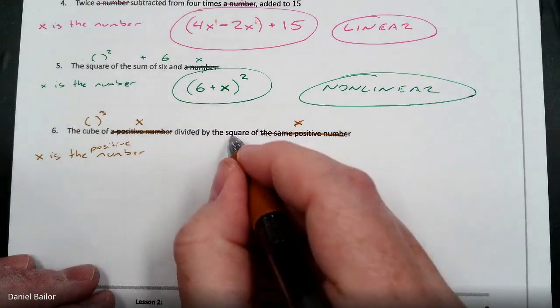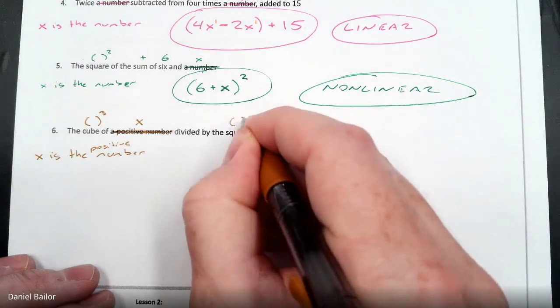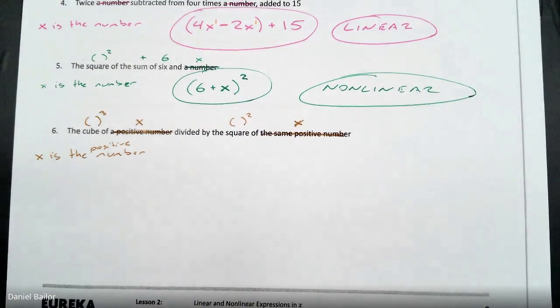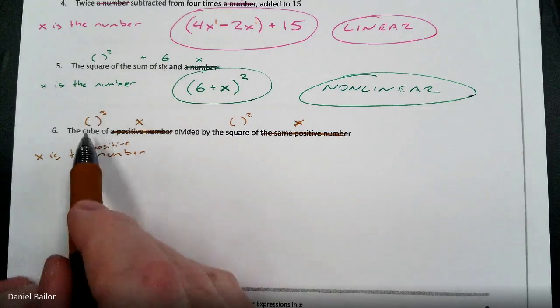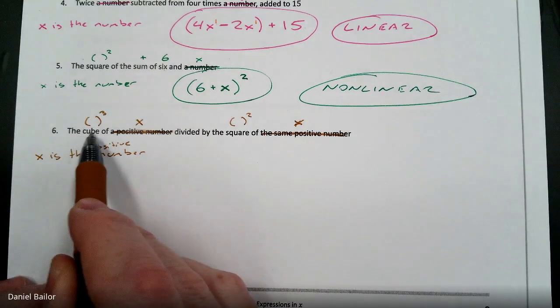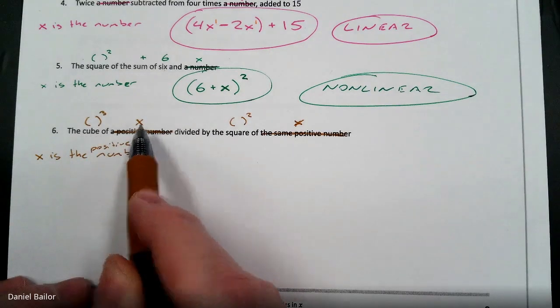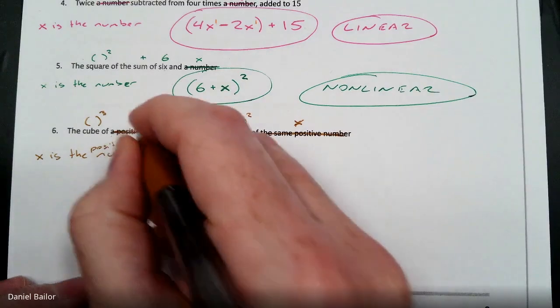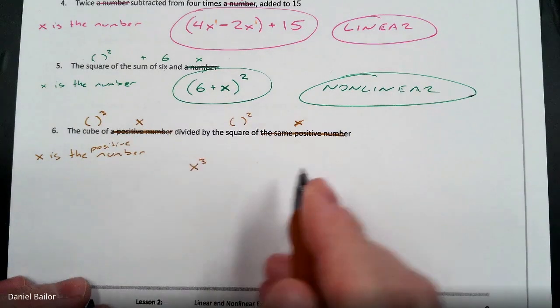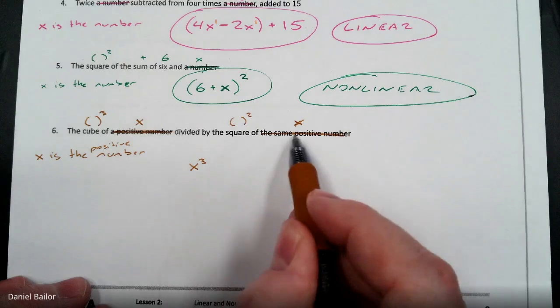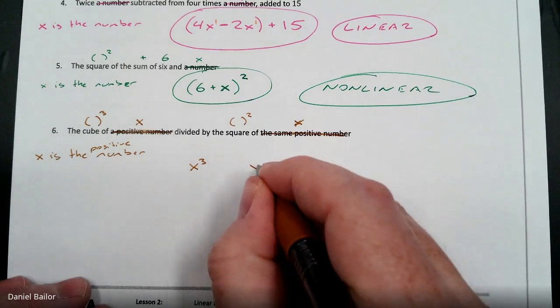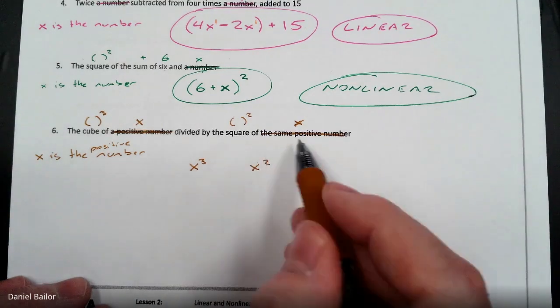And square means something to the 2nd power. So this part right here, the cube of x, is going to be x cubed. And then we do the square of x. So we have x squared on that side of the sentence.